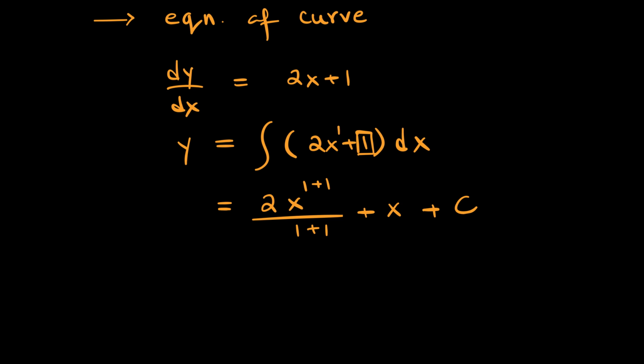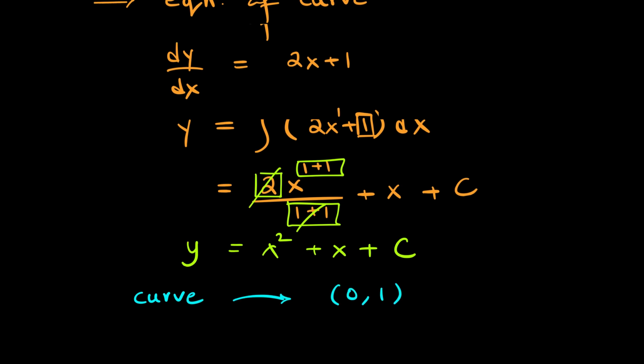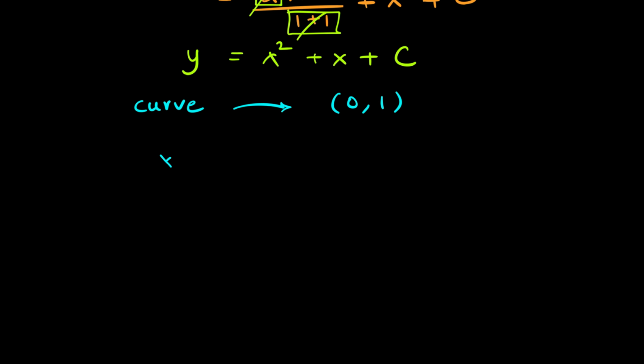Let's simplify it further. This is 2 at the top, 2 at the bottom. It cancels off and we are left with x squared plus x plus a constant of integration c. Now we know that the curve passes through the point (0, 1), which means that when x is 0, y is 1.